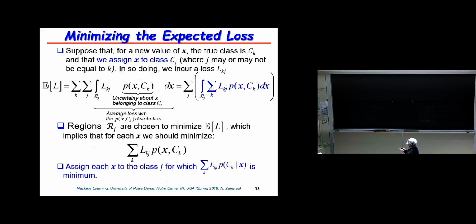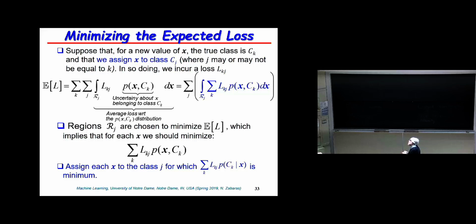So when you plug these things into the expected loss, it comes out that the regions Rj that you assign to class j are those regions that minimize this term here. This is the summation over all classes k of the loss matrix Lkj times p of x given Ck. So effectively here, x comes from class Ck, but you assign it with some loss Lkj to class j.